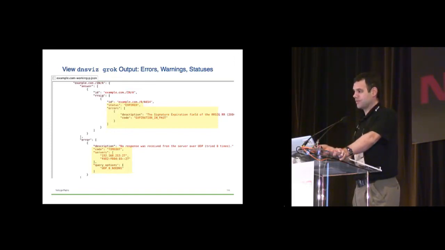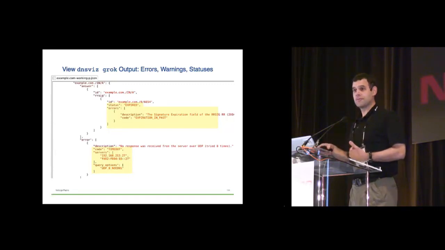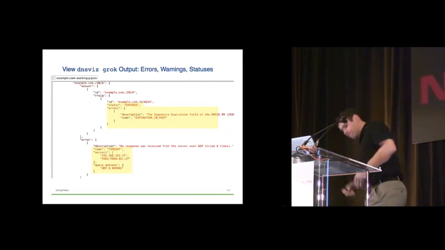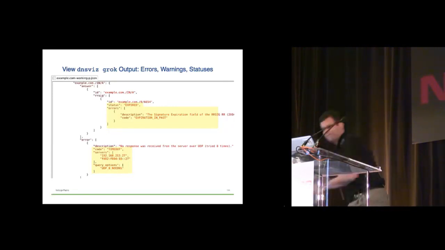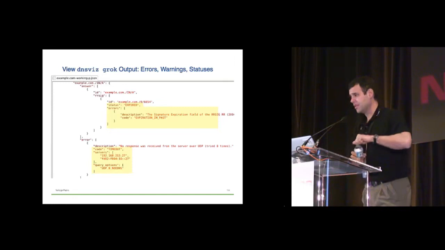That's the lame server that we set up that it couldn't access at all. And then this isn't well documented, but those query options down there tell you how you can essentially reproduce this problem if you're using some other tool. In this case, it's just a simple UDP query with no EDNS.